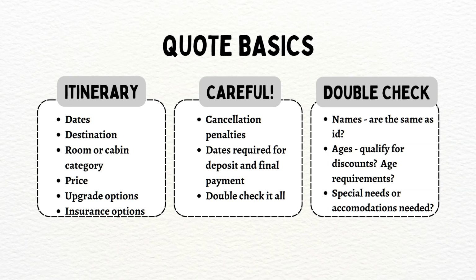Things to be careful about. You really want to put on your quotes cancellation penalties, the dates required for deposit and final payment, and you want them to double check it all. So I always put on there, double check, make sure things are right. Those are things that I always say because I want them to know that I want their approval.